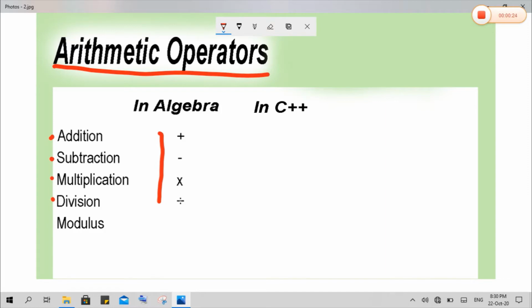For addition, we use the plus sign, that is similar to the sign of algebra. For subtraction, we use the same sign, that is minus, and for multiplication, we use this one in algebra, and in C++ language we use asterisk. This is like a star sign.